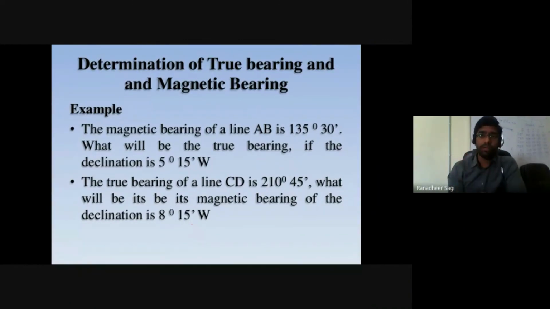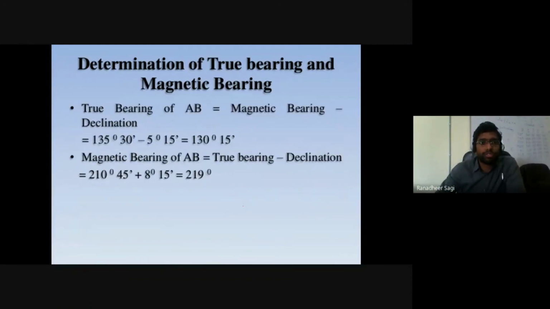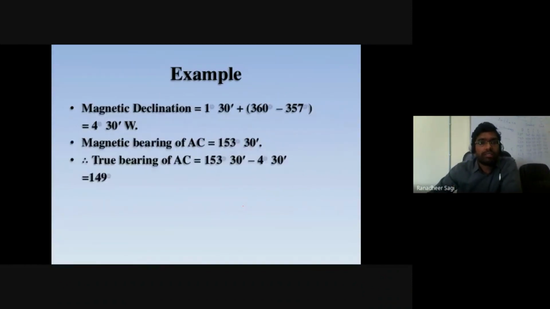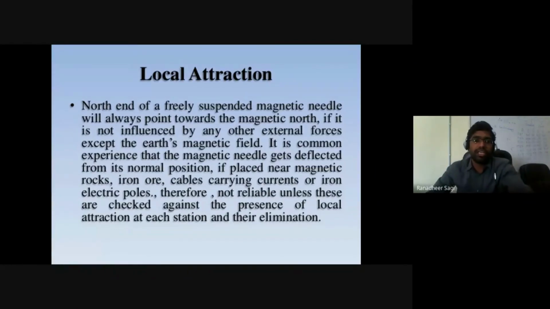Or sometimes you might be given the true bearing and magnetic bearing data and asked to calculate your declination. That you can also do. So please do solve these problems, and we'll continue our discussion in the next class with the next topic, that is local attraction.